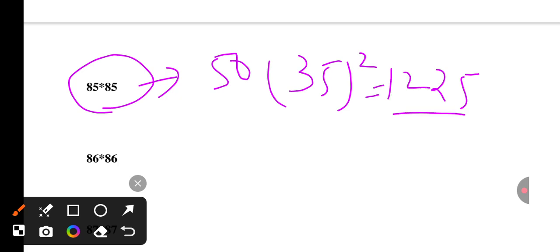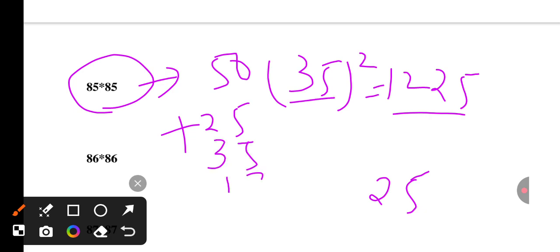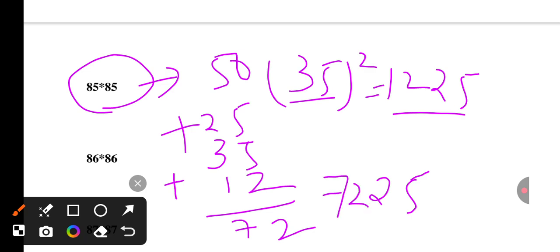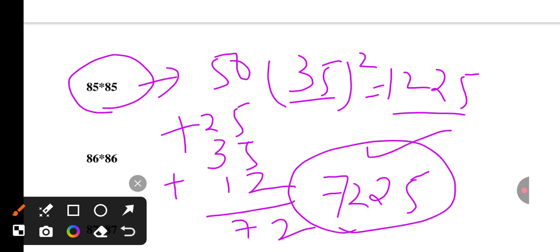Okay, you should know this. Okay, 1225 is the square of 35. Next, 25 plus 25 added, compulsory, this is 35, this is carry 12, this is carry 1, so 7225 is the answer of 85 into 85.